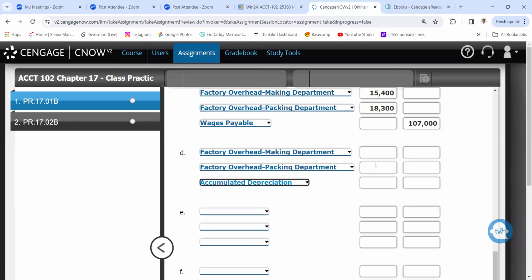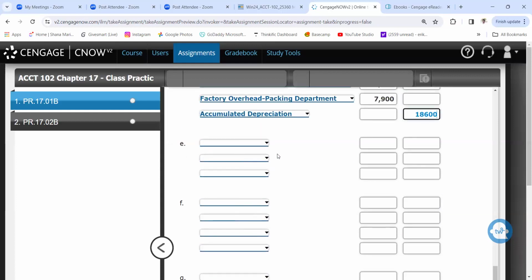And that's something we learned from financial accounting. So let's see how much accumulated depreciation. So we have factory overhead 10,700, then we have 7,900, and then accumulated depreciation total is 18,600.